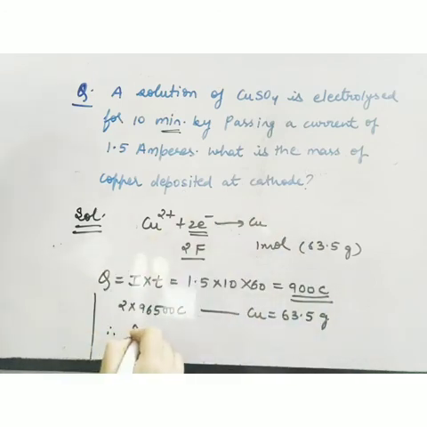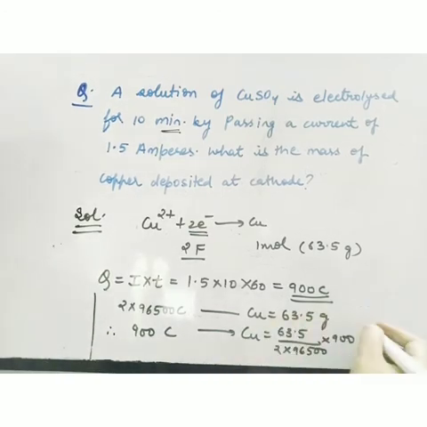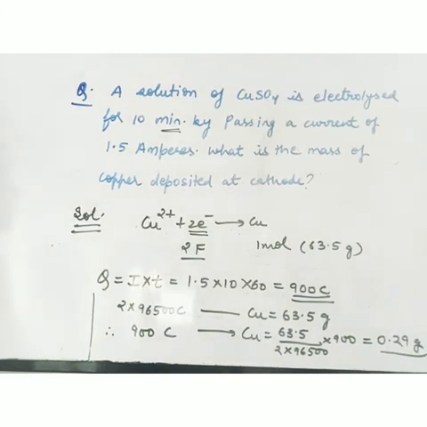Therefore 900 coulombs will give copper equal to 63.5 upon 2 into 96,500 into 900. And your answer will be 0.29 grams. So how much copper is deposited? 0.3 or 0.29 gram. So we use the concept of electron transfer for calculating the mass of a substance.